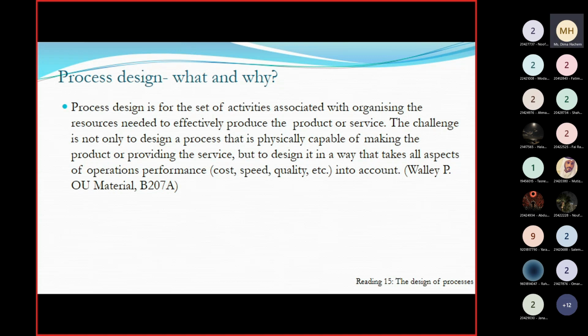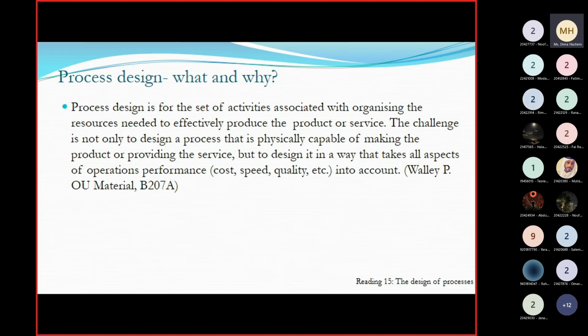Because you have a specific time to produce your products. You can't spend 1 hour producing this sandwich, correct? So you want to set up all your resources in a way that produces your products and services efficiently and effectively.